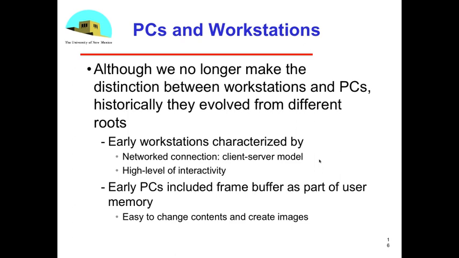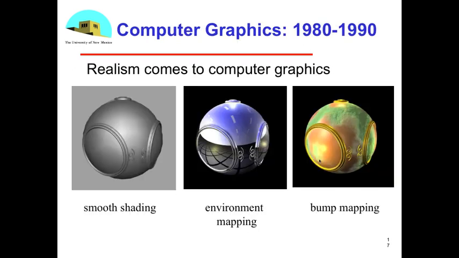Now when we jump ahead to the 80s, we started getting much more realistic. These are things we'll be studying when we get to Chapter 7 about discrete methods. Let me look at three things. The two on the right are variants of texture mapping. But on the left, we got what was called smooth shading.